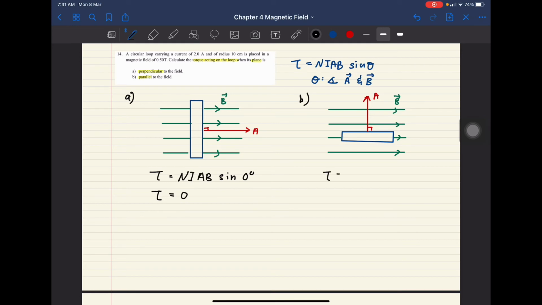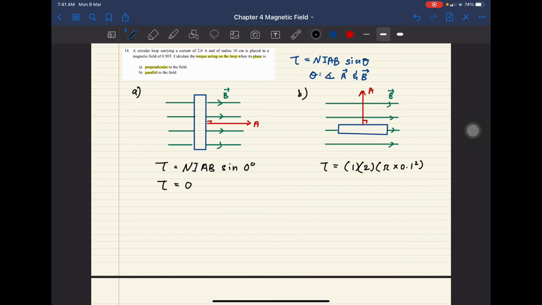The second question, this one you will have a value. So torque equals N is equal to 1, I is equal to 2, A you can calculate pi r squared, so 0.1. I change to meter as well, and B is equal to 0.5.